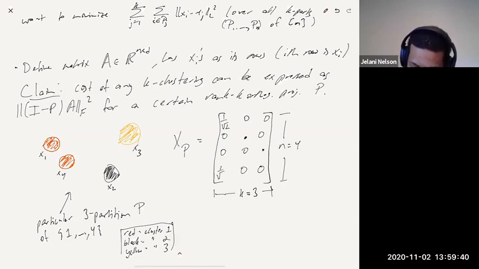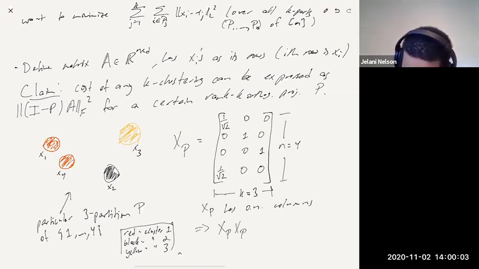And then in this column, there's only 1 thing, I'll just put a 1 there. In this column, there's only 1 thing, I'll put a 1 there. Okay. So notice now X_P has orthonormal columns, which implies that X_P X_P transpose is a rank k orthogonal projection.